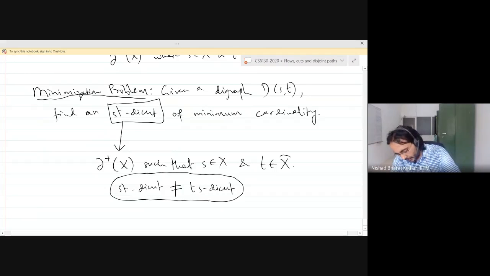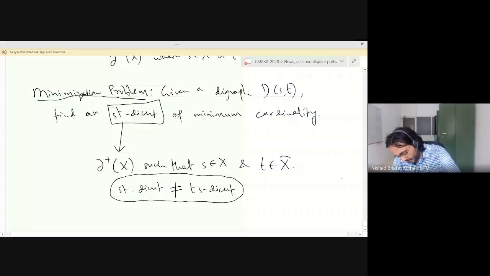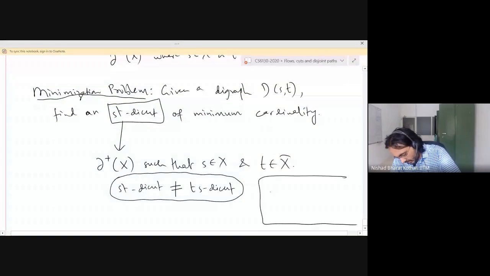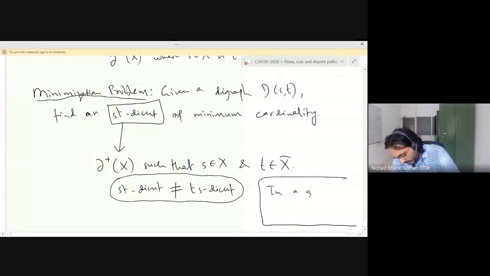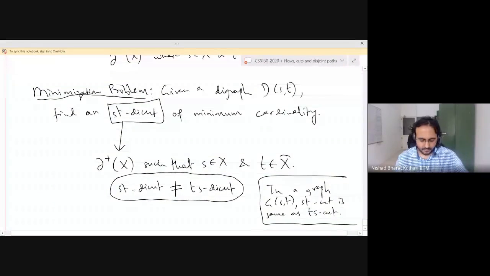Whereas, of course, in a graph G, an ST cut is the same as a TS cut.